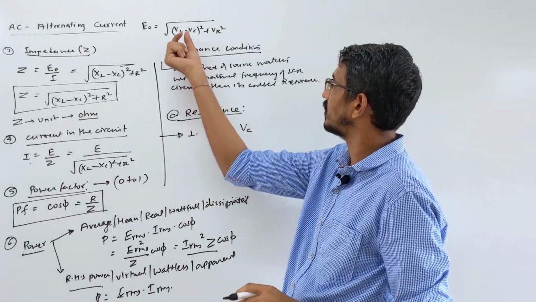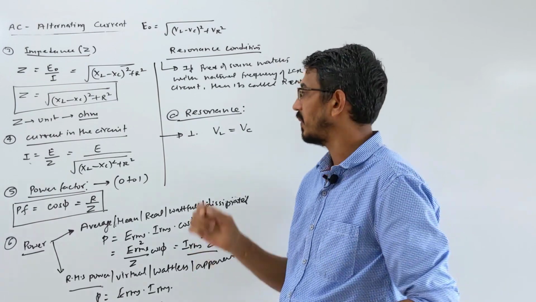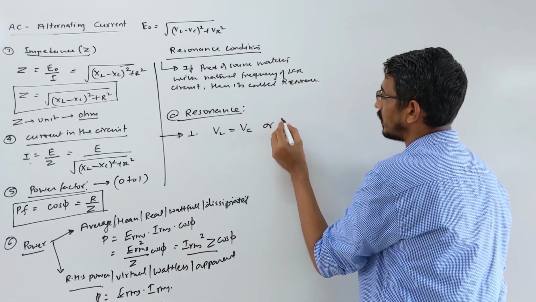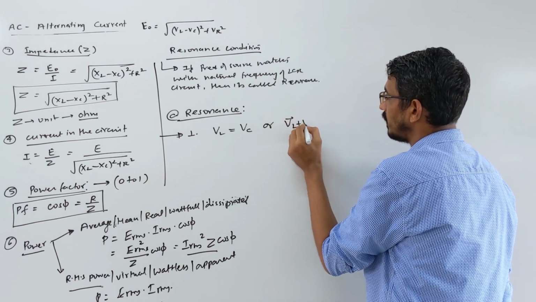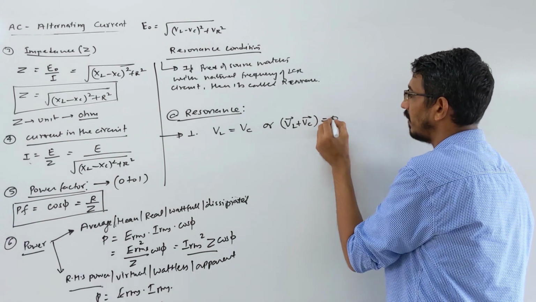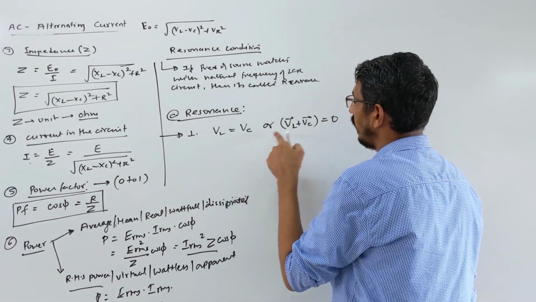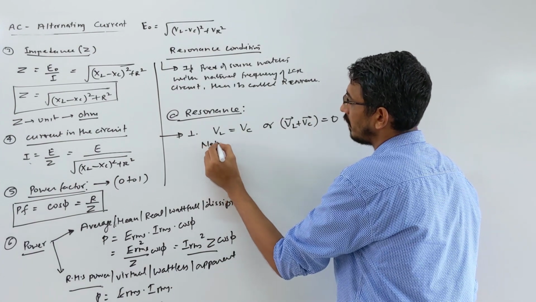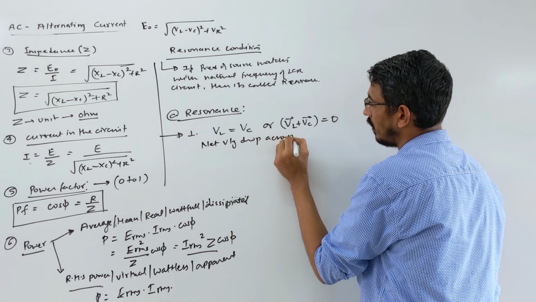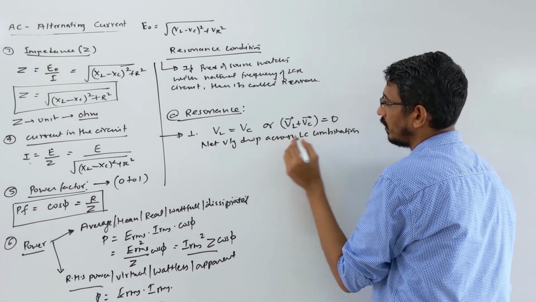If the voltage across the inductor and the voltage across the capacitor are equal, this is called your resonance condition. Or you can also say that the net voltage drop, VL plus VC, is 0. Voltages are equal, or you say the net voltage drop across the LC combination is zero.